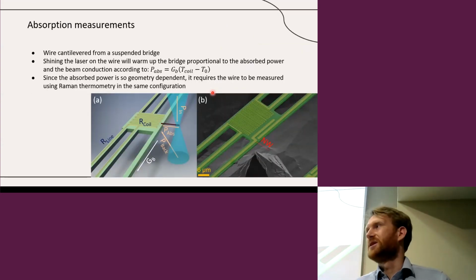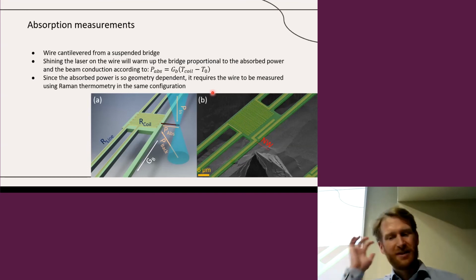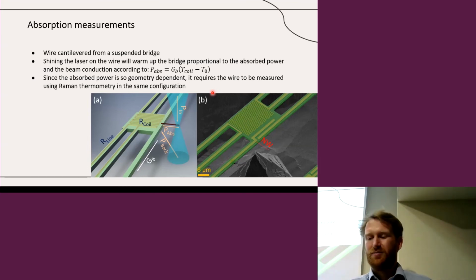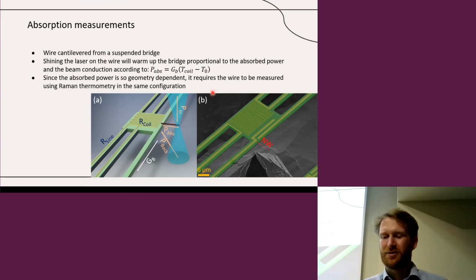Another workaround that we developed recently is to actually measure the absorbed power inside the system rather than relying on simulations. But like I said, to measure it with a simple power meter can be difficult for these kind of nanostructures. So instead, we relied on the suspended structures that you've seen before.